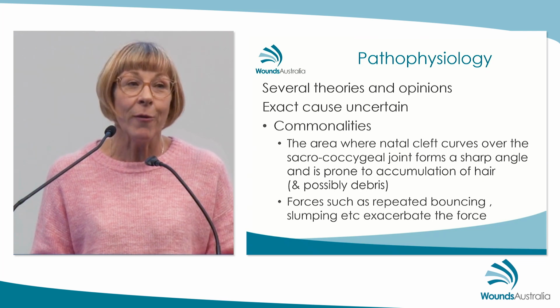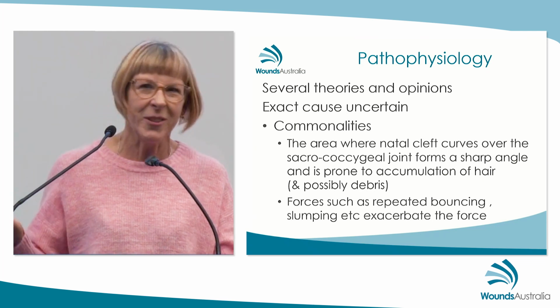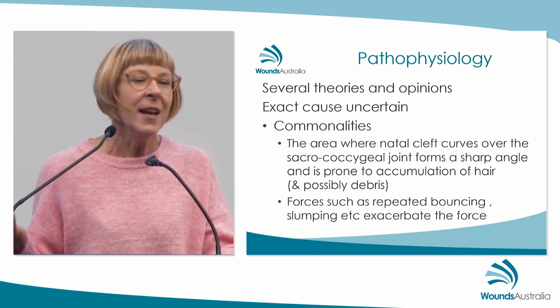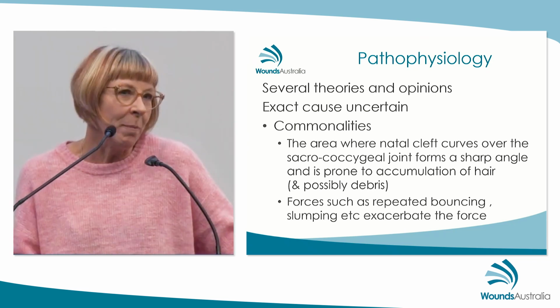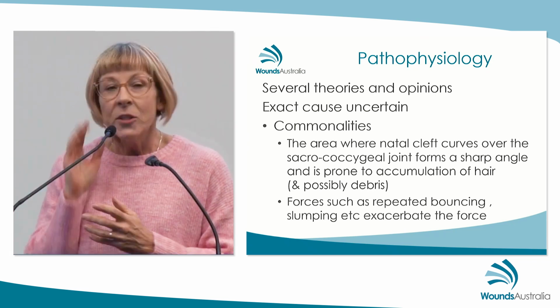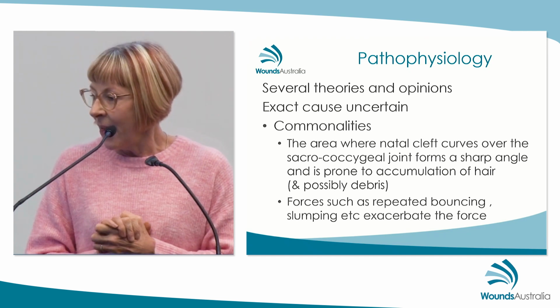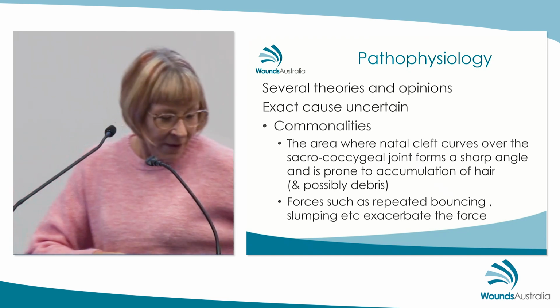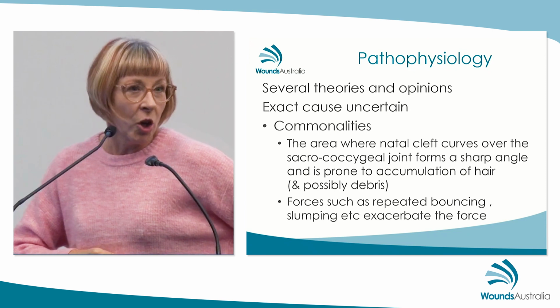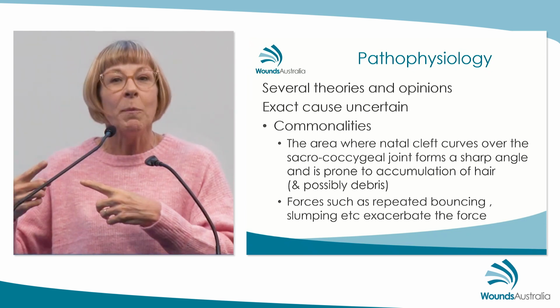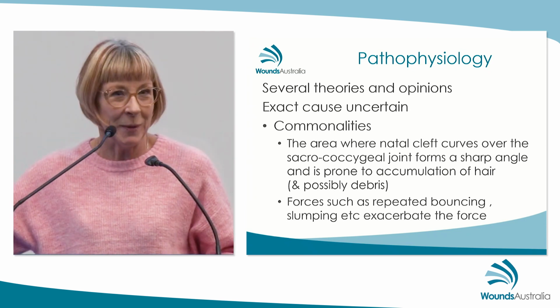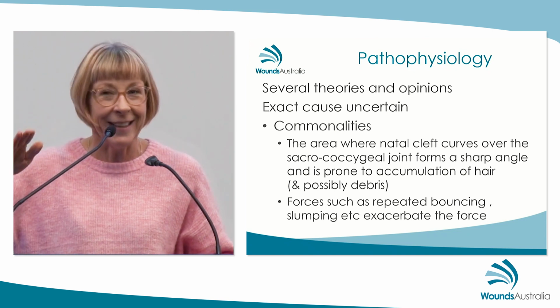There are actually about 3 or 4 different theories, and they're probably, like most of these theories, a bit of a combination of things. And some might be more predominant in one person than the other person. So one of the theories is that it's to do with the shape of the sacrococcygeal curve, which explains possibly why there's a genetic predisposition, because that would be genetic.